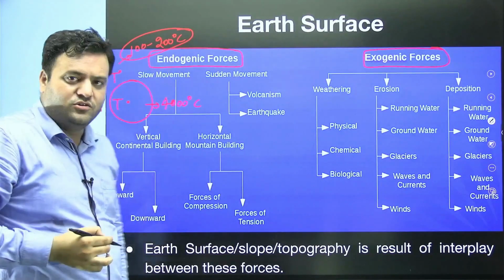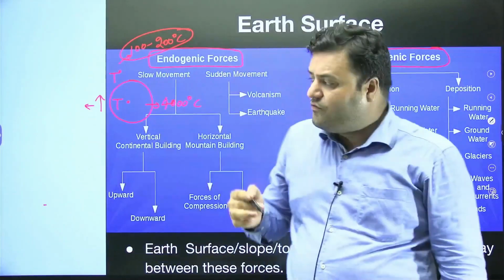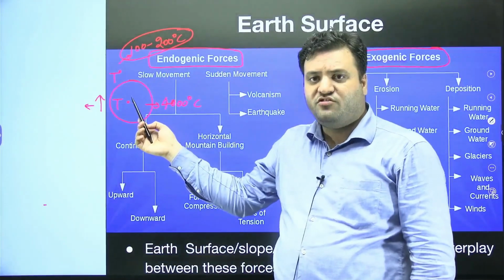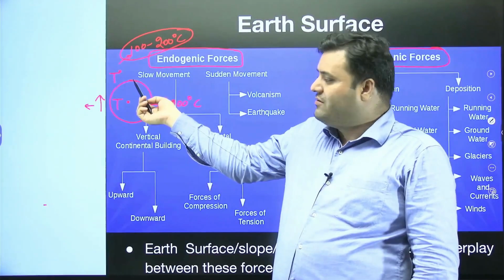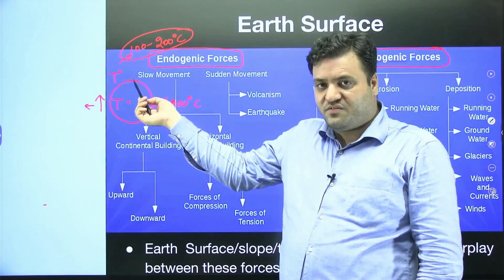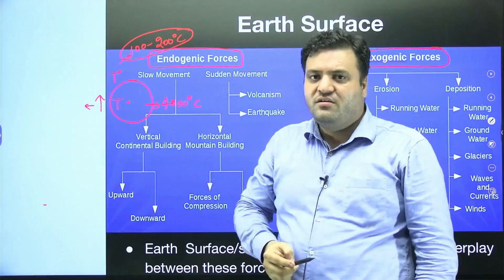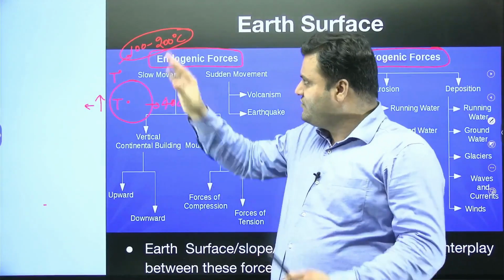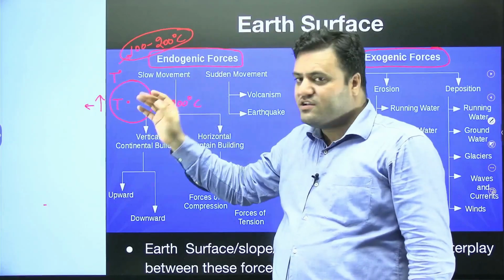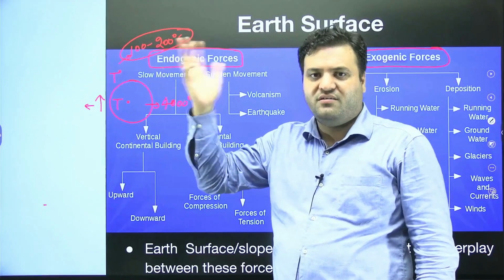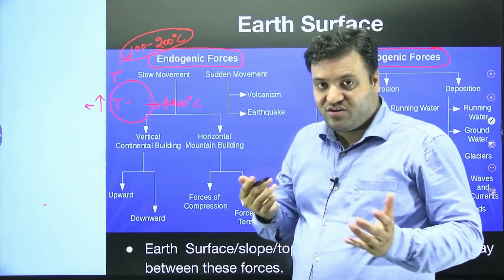Now if I ask you the temperature of which region is more, the core region or the center region is more, and towards the surface we will observe a lower temperature. Though it is very high, 200 degrees is a very high temperature and 4,000 is beyond our imagination, but it's geography, it's a study.